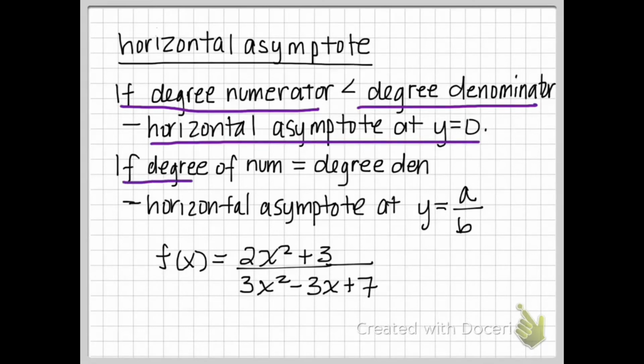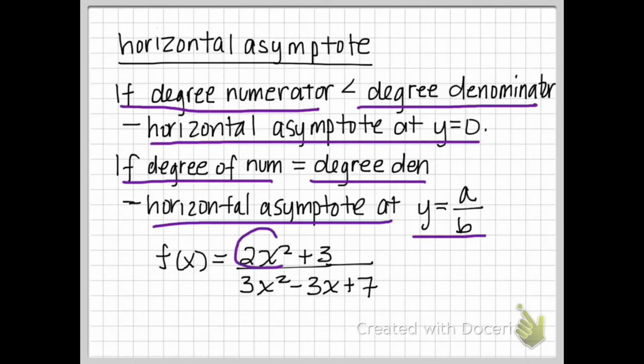If the degree of the numerator is equal to the degree of the denominator, then there is a horizontal asymptote at y equals a over b. And I've got an example of that. So here, degree 2, degree 2. So the degrees are equal. Therefore, I'm going to have a horizontal asymptote at y equals 2 over 3. So that's going to be a horizontal line at 2/3.